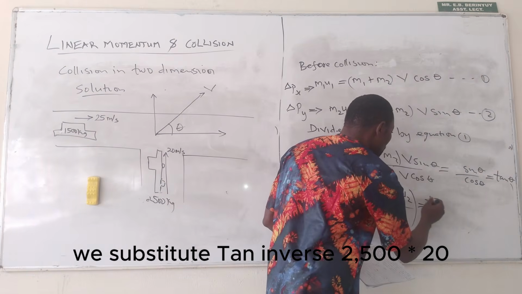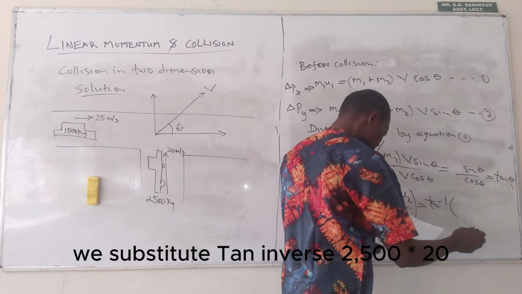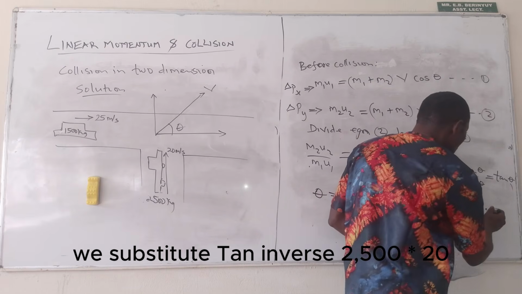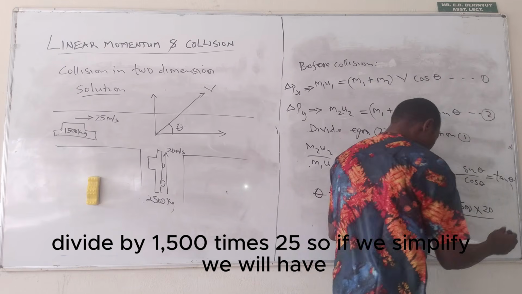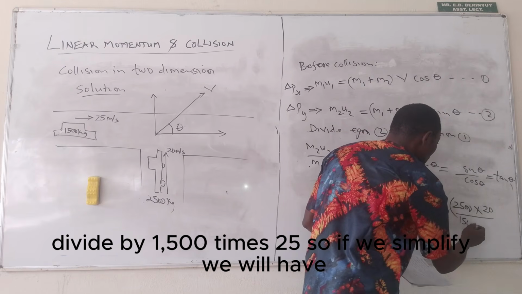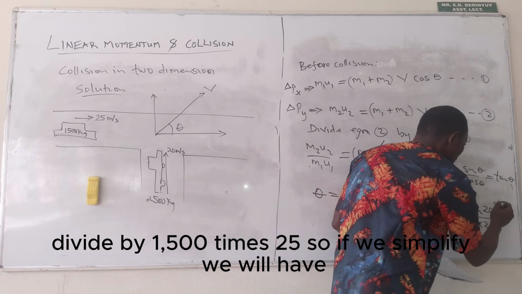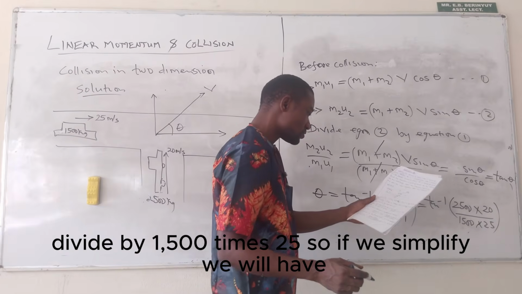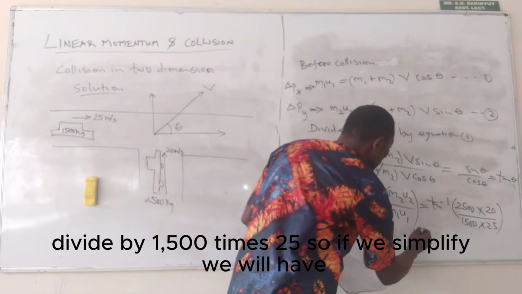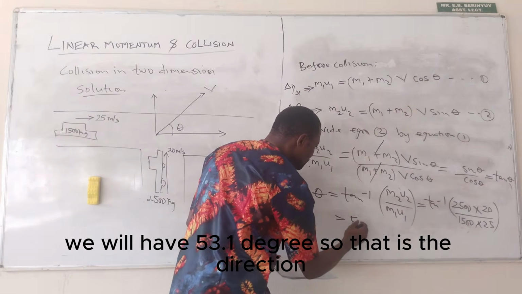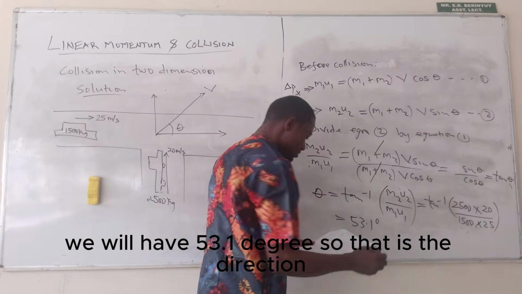Let's substitute and see. We substitute tan inverse of 2,500 times 20 divided by 1,500 times 25. If we simplify, we will have 53.1 degrees.